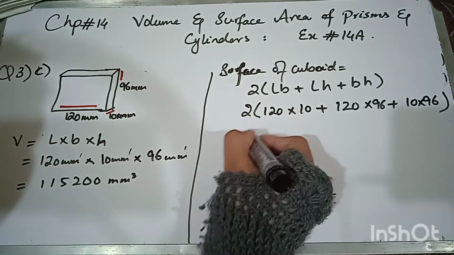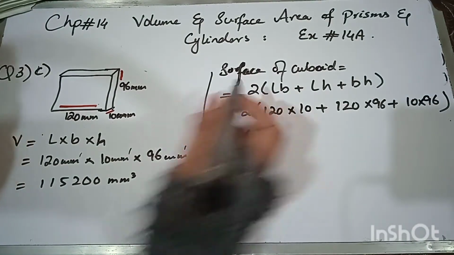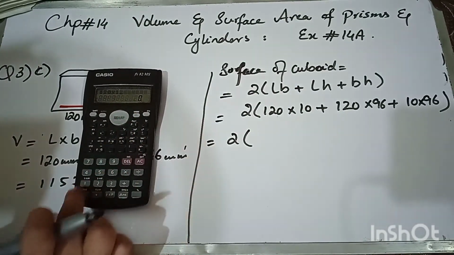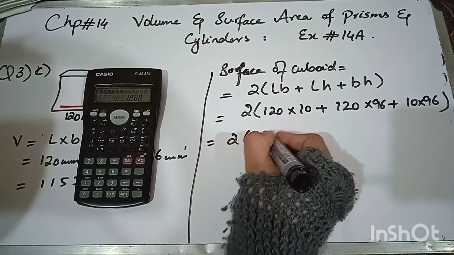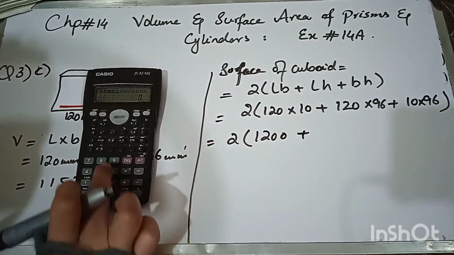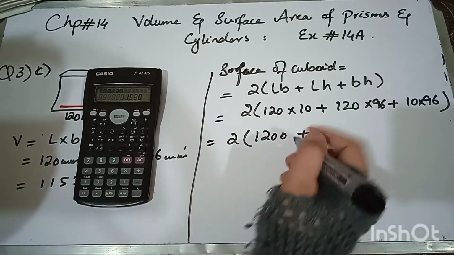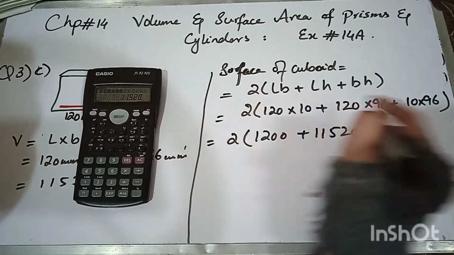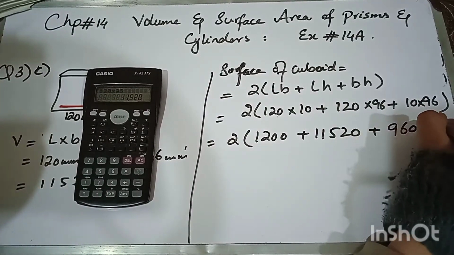So first of all we have to multiply the terms that are inside the bracket. 120 multiplied by 10 is 1200, plus 120 multiplied by 96, this is 11520, then 960.